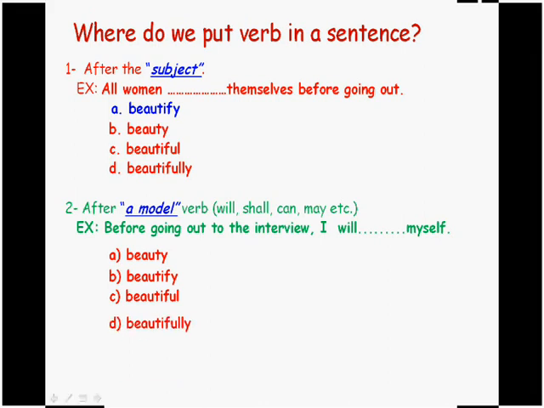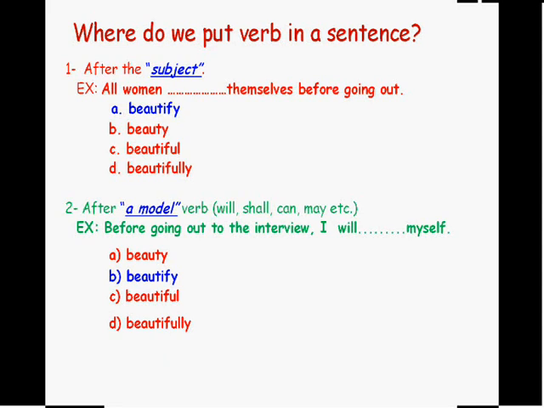So we have A, beauty, B, beautify, C, beautiful, and D, beautifully. So we said we put the verb after a modal verb. Will. And so the verb will be what here in our case? Beautify.